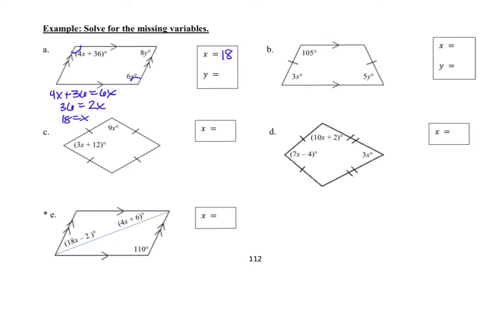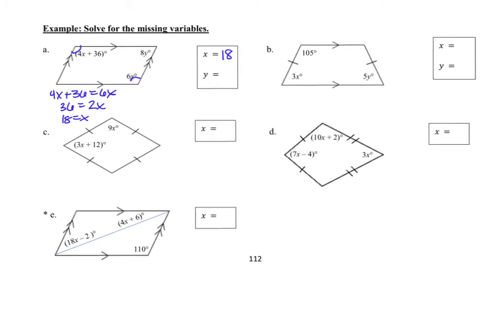It might be a little bit hard to find y because the angle opposite y, there's nothing here. So I can't set 8y equal to anything because I don't know what this is. However, we can apply the parallelogram consecutive angles theorem because I do know what this angle is. So these two angles together will add to 180 degrees. So first, I can substitute my answer for x.